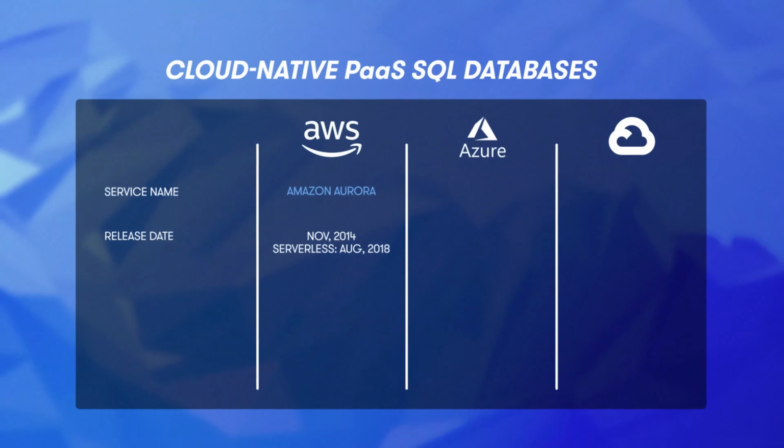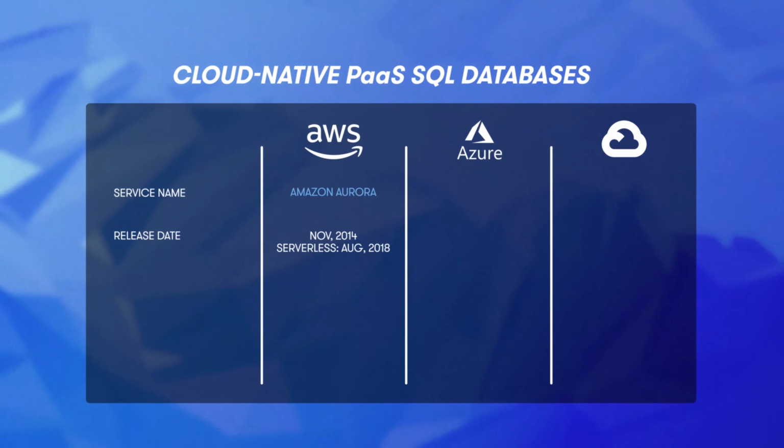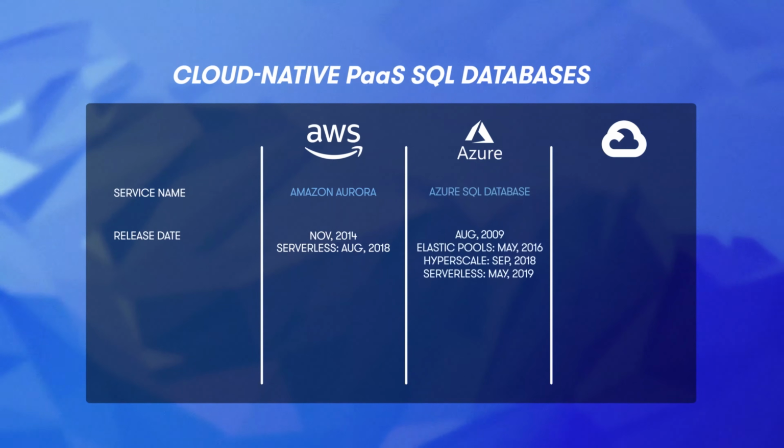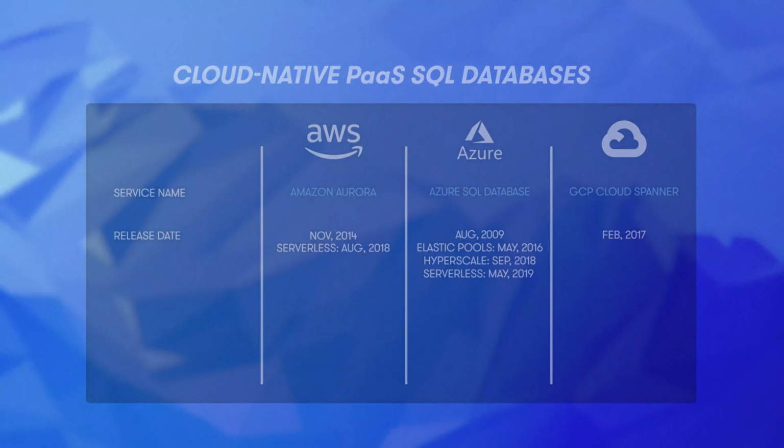AWS has Aurora, a MySQL and PostgreSQL compatible engine that boasts higher throughput on the same hardware. Azure has Azure SQL Database, an evergreen SQL Server engine with various operating modes, including general purpose, business critical, elastic pools, hyperscale, and serverless. Google has Cloud Spanner, which is a proprietary database with some impressive properties.